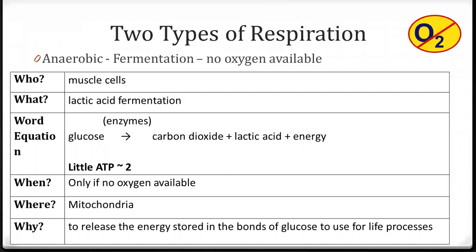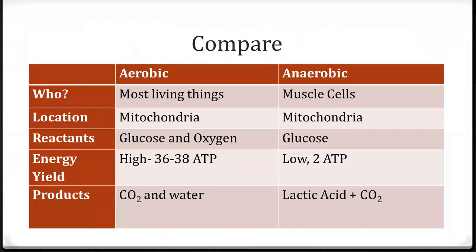Okay, so let's keep going, finishing respiration, then starting the respiratory system. Just as a comparison, aerobic occurs in most living things, anaerobic occurs in our muscle cells. Aerobic occurs in the mitochondria, so does anaerobic.